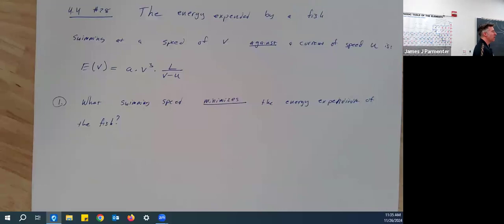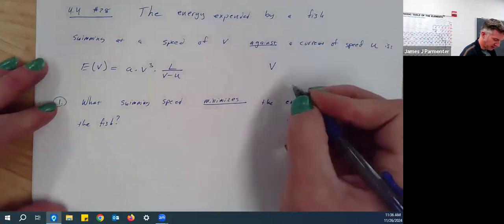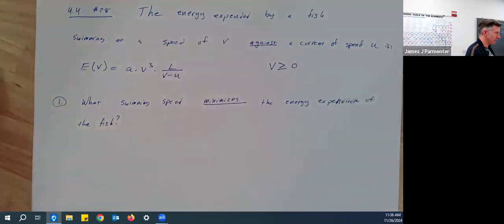We're just talking speed, and they already kind of gave us a direction, right? They told us that we were swimming against the current. So we kind of have this direction, and it doesn't really make sense to consider going in the opposite direction. So here I would say that we're thinking about the swimming speed v being greater than or equal to 0. It wouldn't make sense for it to be negative in this context.